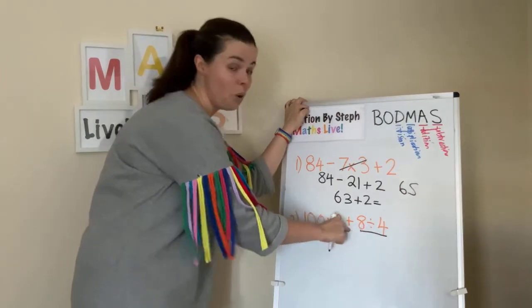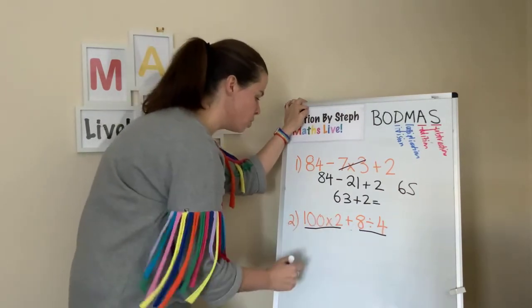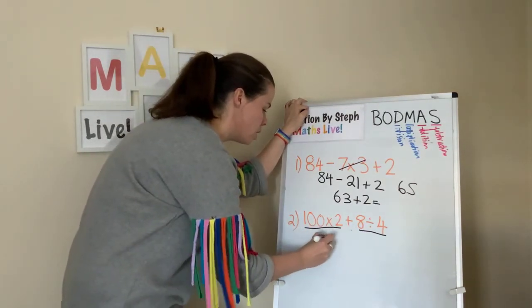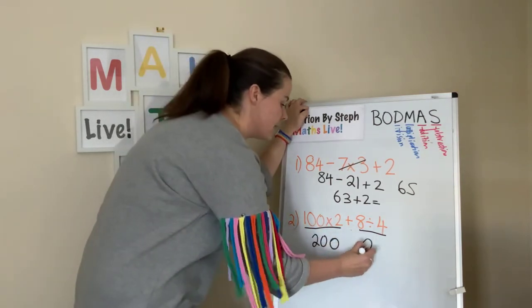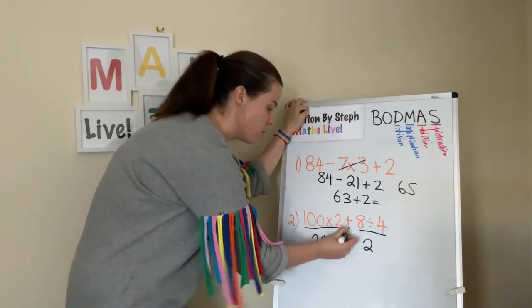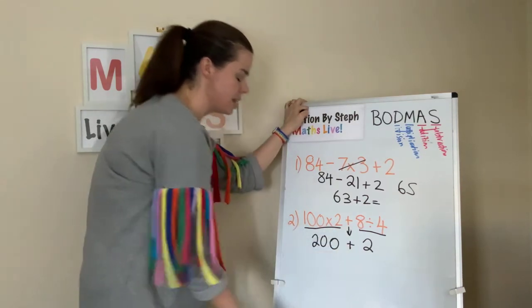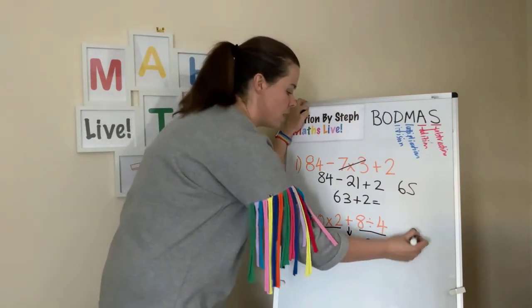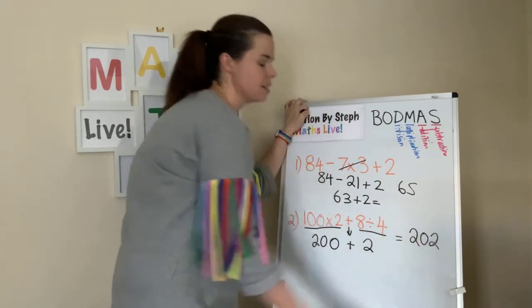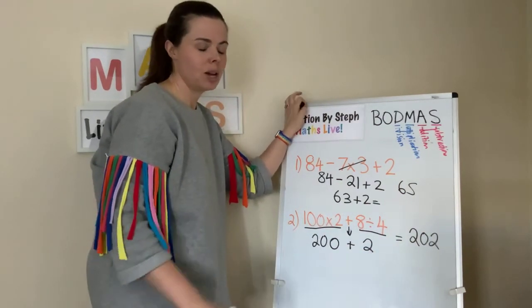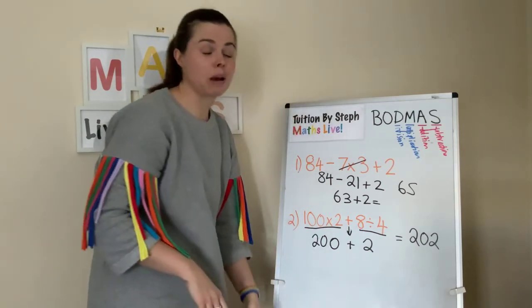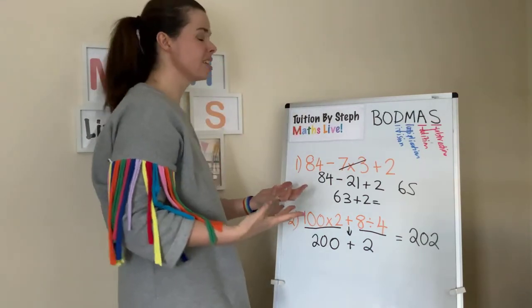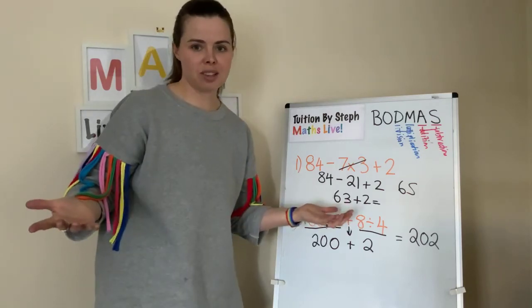So 100 times 2 is 200. 8 divided by 4 is 2. And then we can put our addition sign in, and 100 plus 2 is 202. If you've not learned this before, you might be thinking, what? But that's the joy of learning something new, okay?